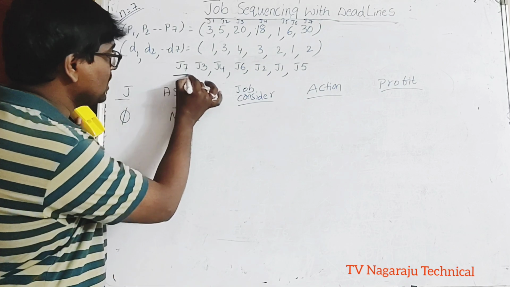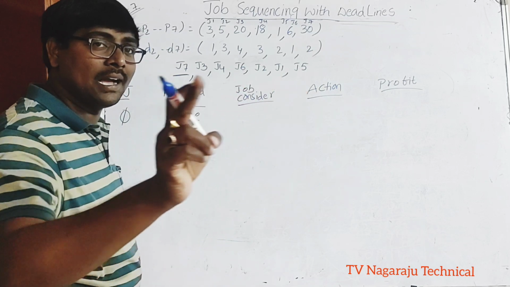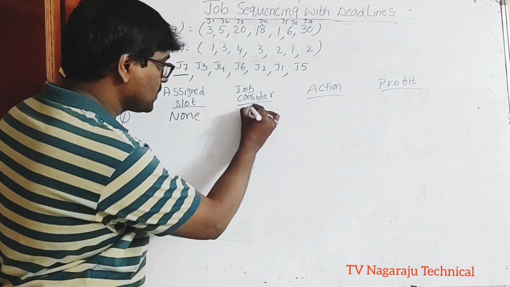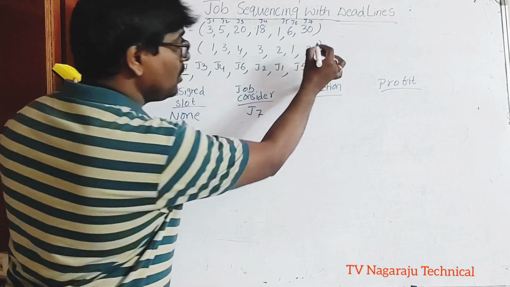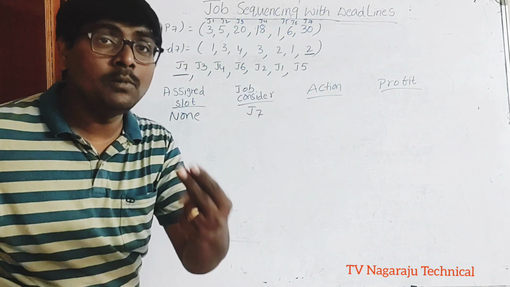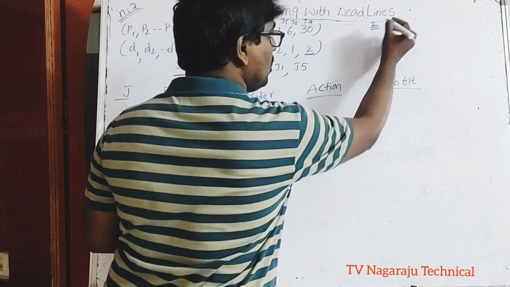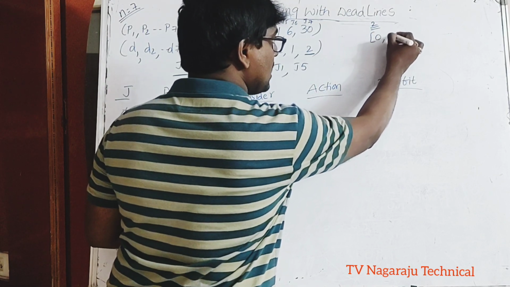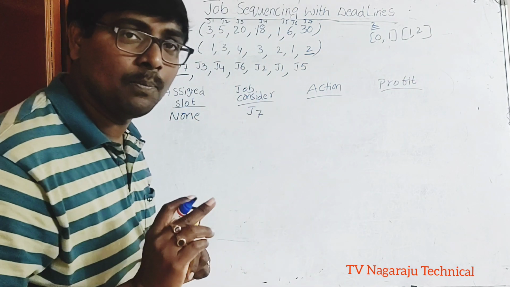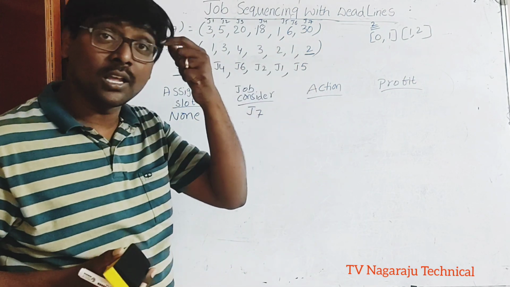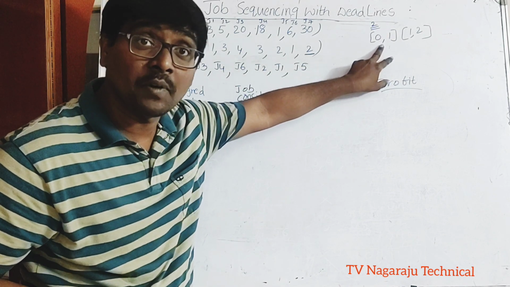First, consider job 7. Why? I already said to arrange according to descending order of profit. So, job 7 is considered. What is the deadline for job 7? 2. Means a maximum of 2 slots. What are the slots? If the deadline is equal to 2, the slots are 0 to 1 and 1 to 2. 2 slots are possible. You can execute on any slot. Which one do you prefer? Generally, if you prefer 0 to 1, okay, fine.